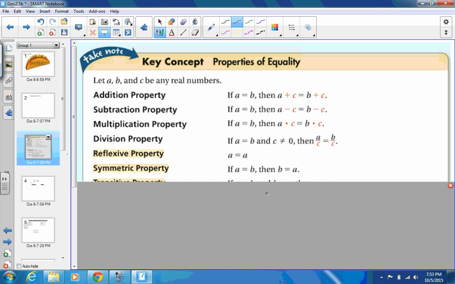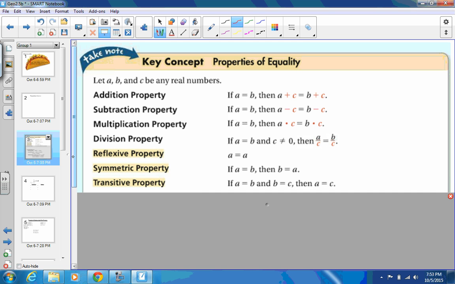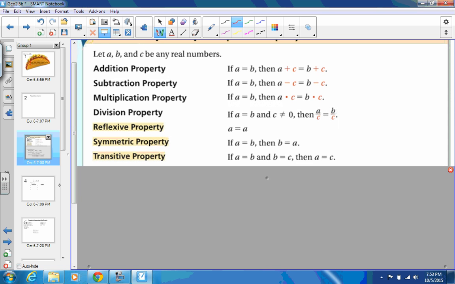After that, we also learned the three: reflexive, symmetric, and transitive properties of equality. When you think of reflexive, think of A equals A, something is equal to itself. Symmetric is that sort of reflective idea.